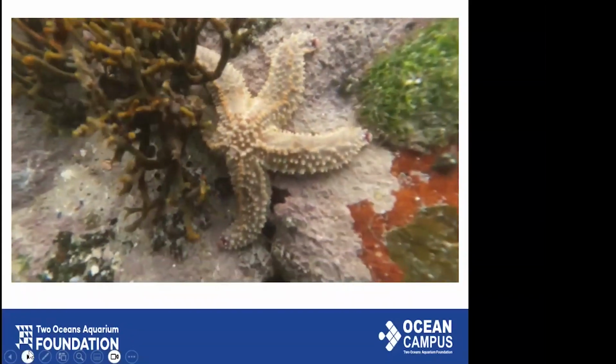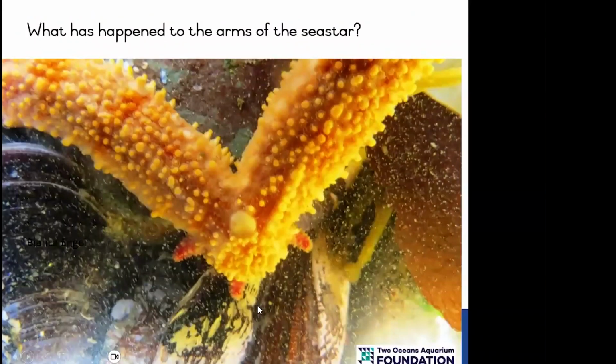So if the limbs are broken off, like in this case, they are able to regrow it. And so yeah, you can already see a bit of growth occurring. Okay, it doesn't happen immediately, it takes a bit of time, and it's never going to be the exact length of the previous arms, but they are capable of regrowing those arms.